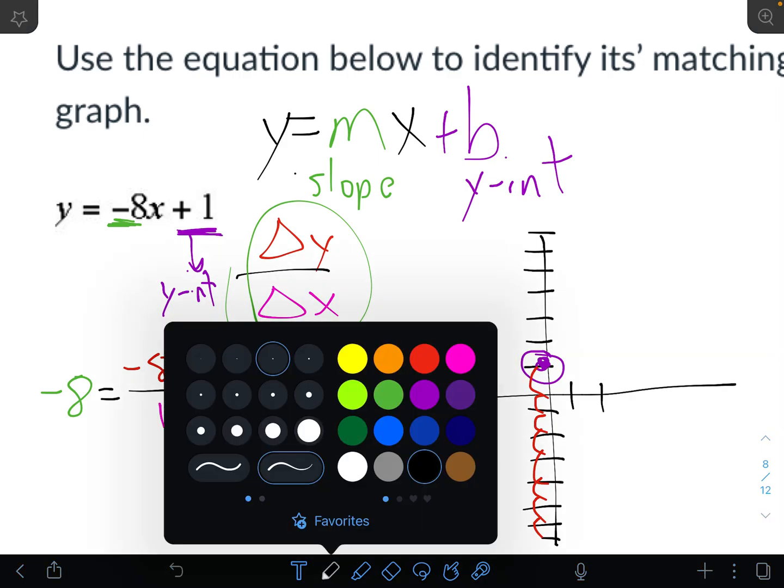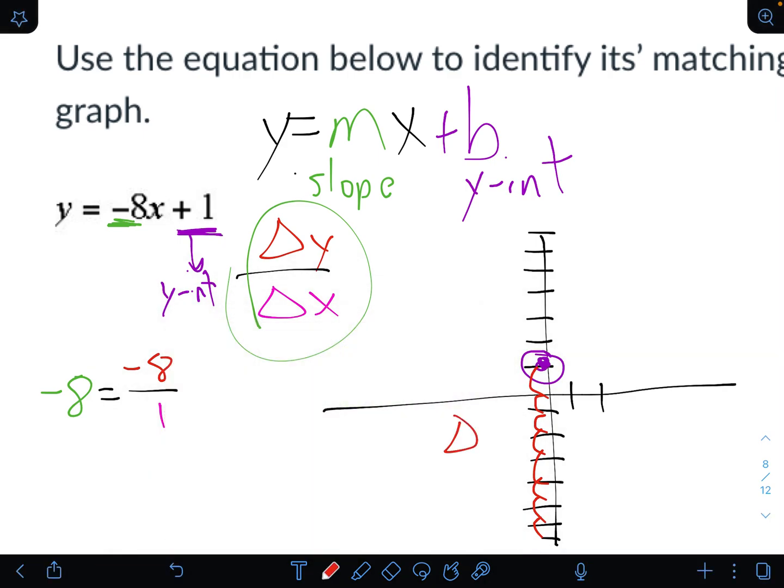So that is the, let me get the red. So this right here is our change in y, which is -8. Then we need to do our change in x. Wha-bam, which is 1. And we'll put, slope is green. So let's put a green point there.